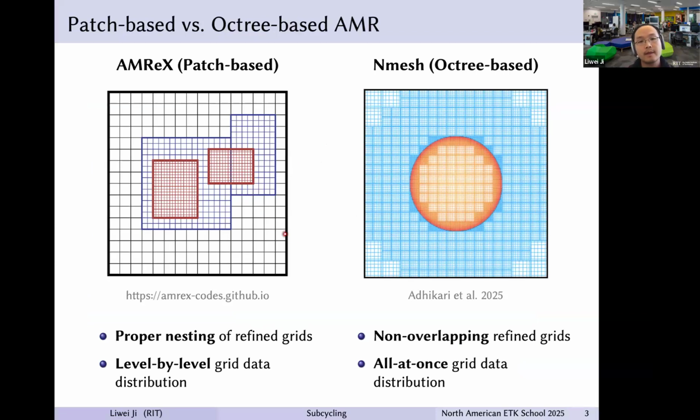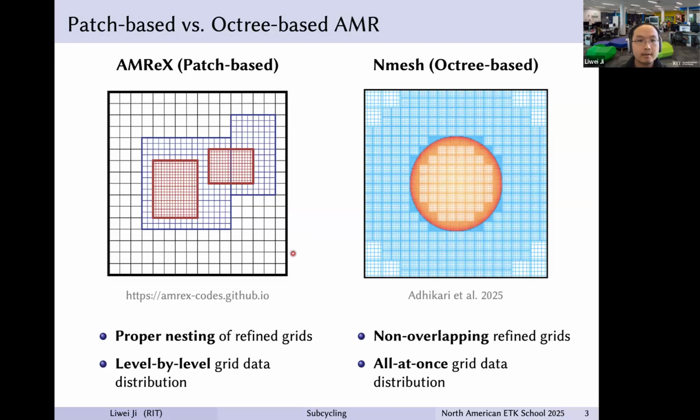For the patch-based AMR, it has proper nesting of refined grids, which means that the fine grid will always sit inside a coarser grid, and it will have multiple copies of the same function at the same point on different levels, because of this nesting structure. And for the octree-based AMR, you don't have overlapping between different levels of refinement. If you look at any specific position of the grid, you will only have one copy of data.